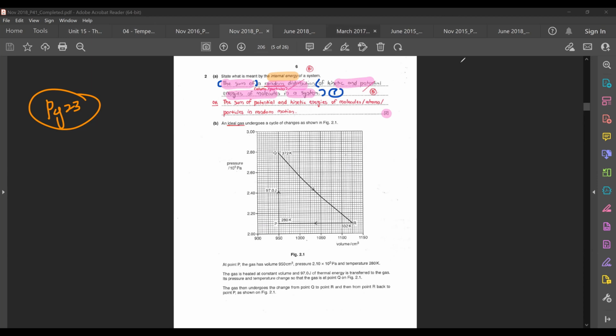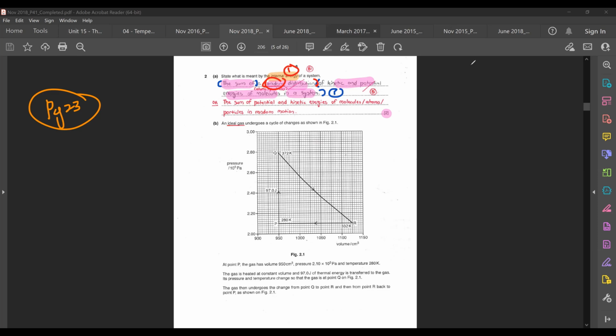If you say it's a sum of a random distribution of kinetic and potential energies of molecules in the system, the word random distribution here, specifically random, gives you another mark. So this is a keyword here. Because the idea here is that your molecular KE and PE all have different values. If you want to get your internal energy, you need to sum up all those values.